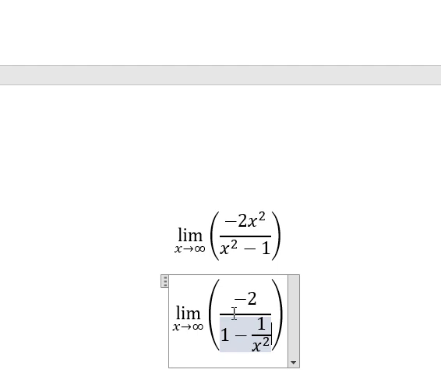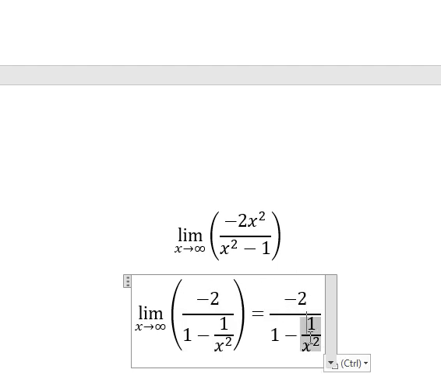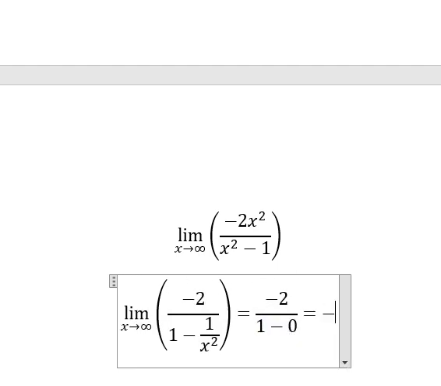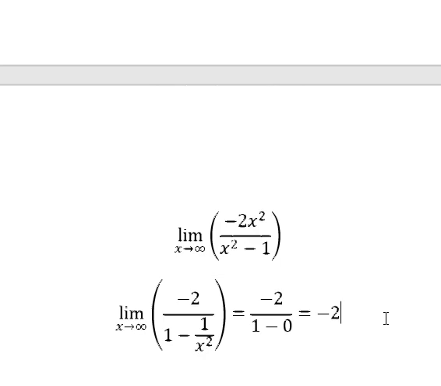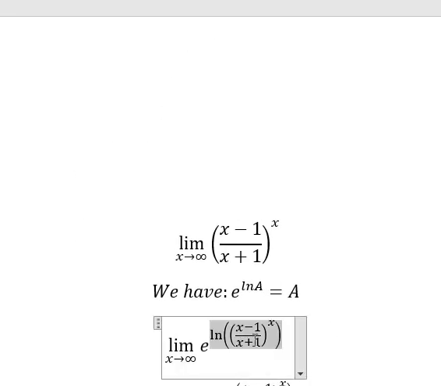When s approaches positive infinity, this one you got number 0. And we have negative number 2. That means the value of this one that is about negative number 2.